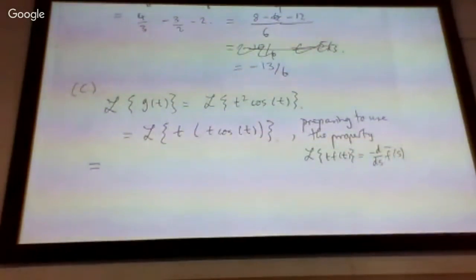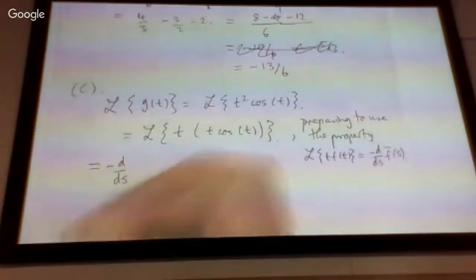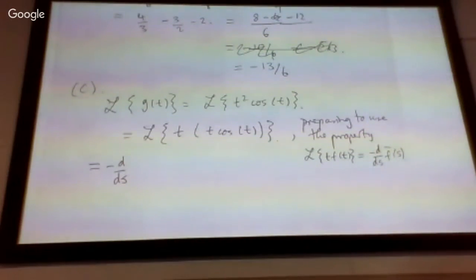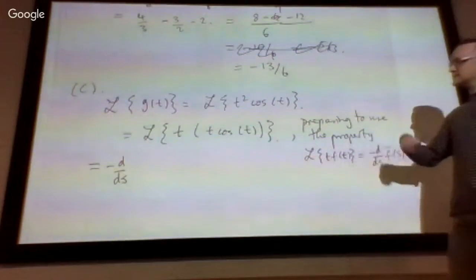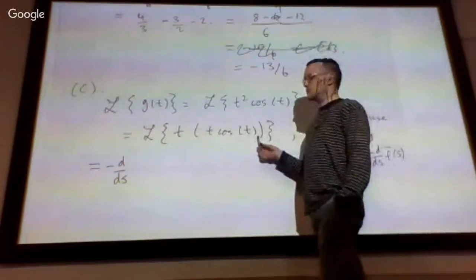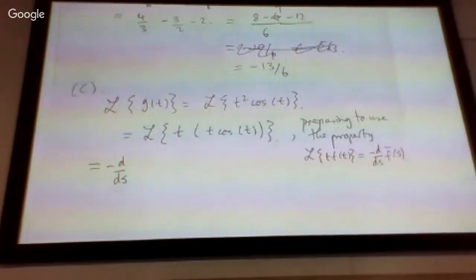So if we're going to use this property, let's use it. It's minus d/ds of what? Of f bar of s, which is the Laplace transform of the f bit. So for us, it's the Laplace transform of what's in the bracket here, t times the cosine of t, so that we read off the table.